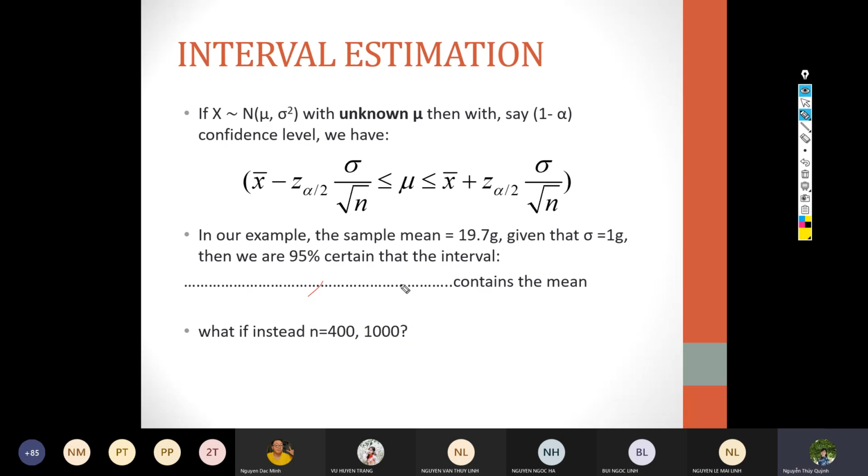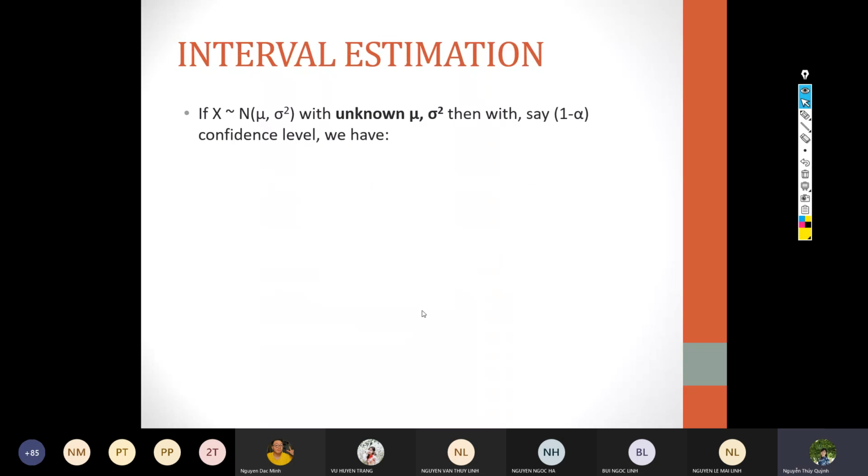Okay, next. What if we do not know the value of sigma square and we have to estimate it?